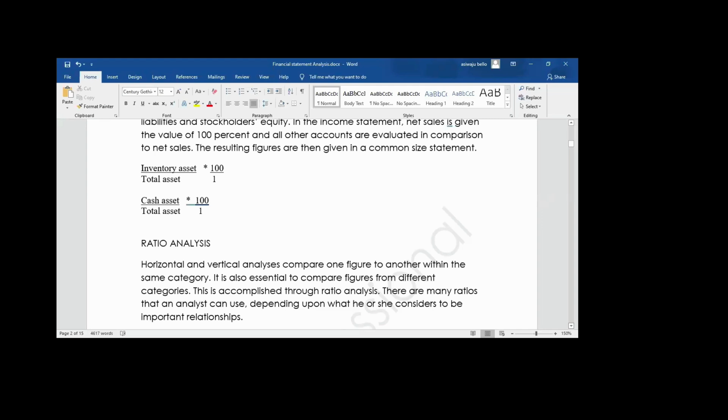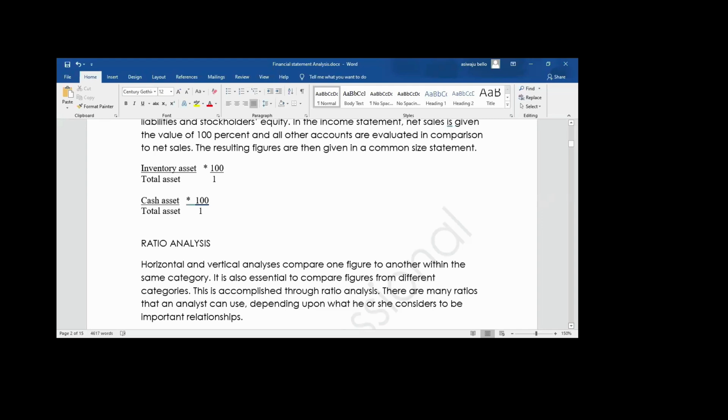Like the example we gave for horizontal analysis, you compare revenue in year 1 with revenue in year 2, with revenue in year 3. What you are comparing is within the same category. If you look at vertical analysis, you are looking at inventory assets to total assets. Everything is assets within the same category.